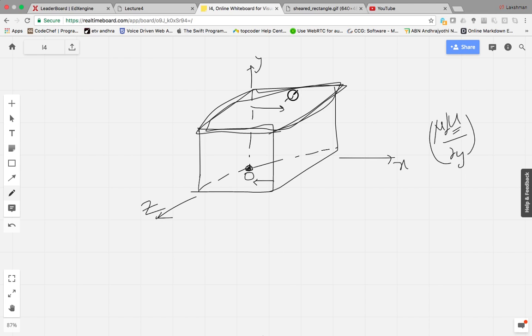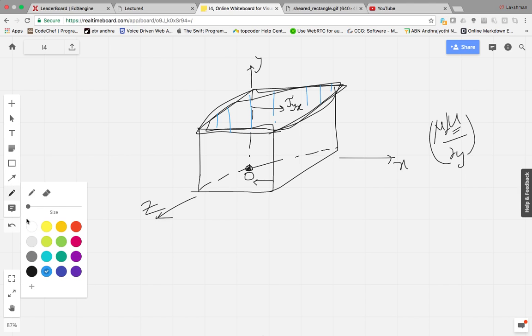For the top face I will write tau yx. This is the plane where this force is being acted. This is the top plane, by the way, if my drawing is not clear. The shear force that's happening on this surface is tau yx.